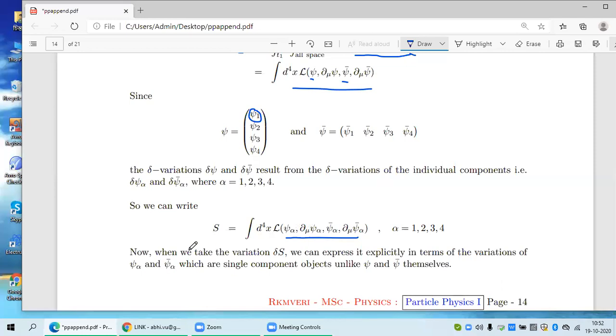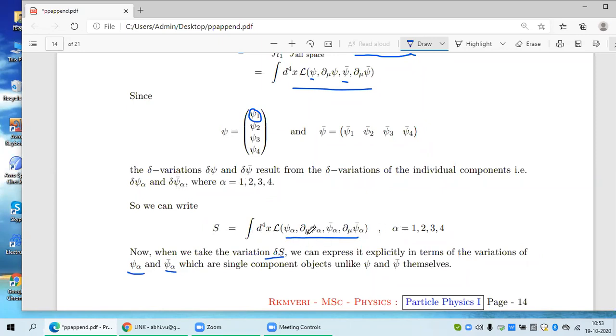Now if we apply the variation delta S, I can write these variations in terms of variations of these components instead of writing variations of delta chi itself. Clear? And remember, this alpha index is not a Lorentz index.